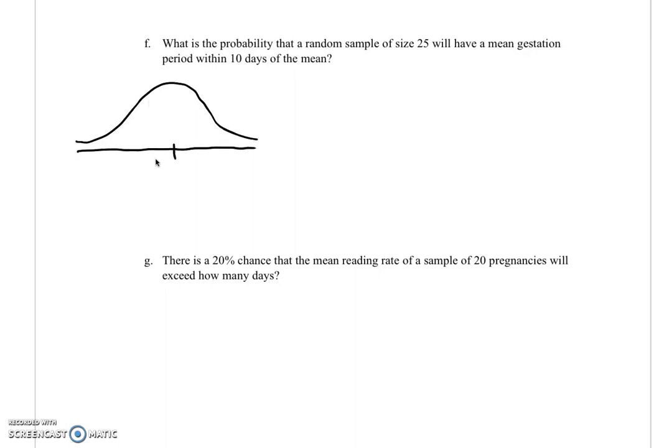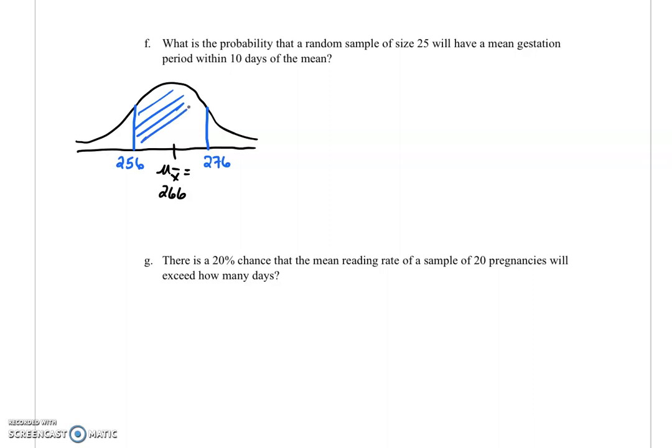The sampling distribution mean is 266, and we want within 10 days. So that means 10 days to this side or 10 days to that side. So 10 days below to 10 days above. Well, 10 days below 266 is 256, and 10 days above that is 276.